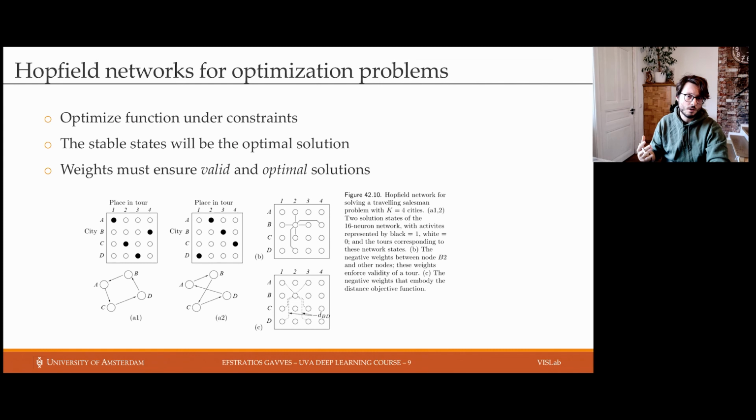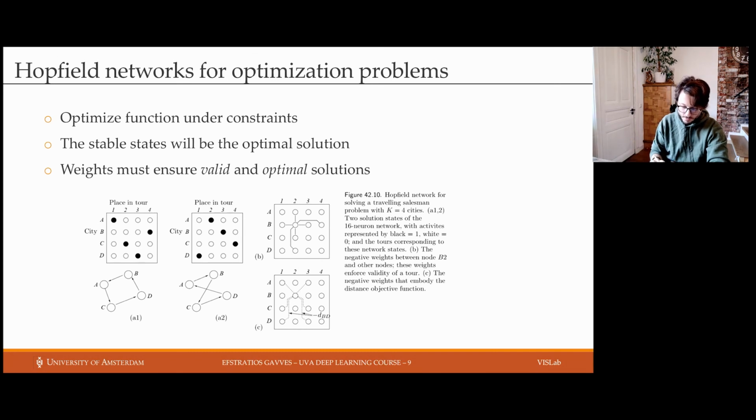Hopfield networks are, as we saw, recurrent in the sense that they are updating their neurons over time, and the neurons reinforce each other. One can also use them for optimization, so you can optimize functions under constraints, and basically the stable states are the solution of your network, and in that case the weights of your Hopfield network have to be optimal such that they yield not only valid but also optimal solutions, right?